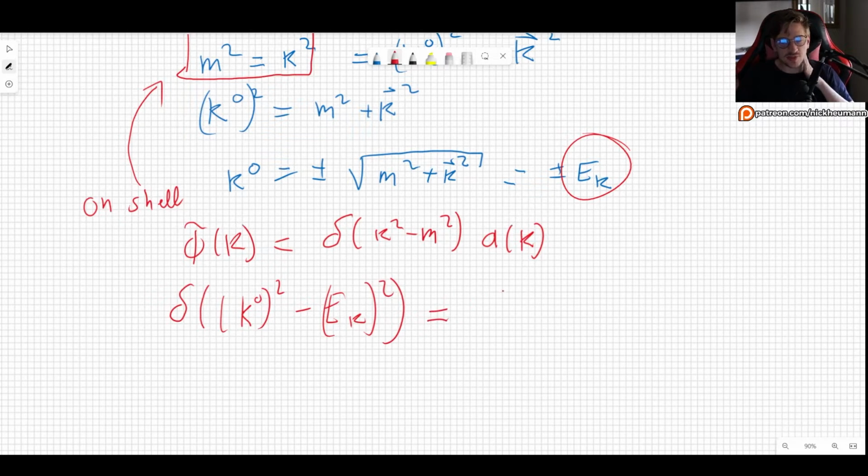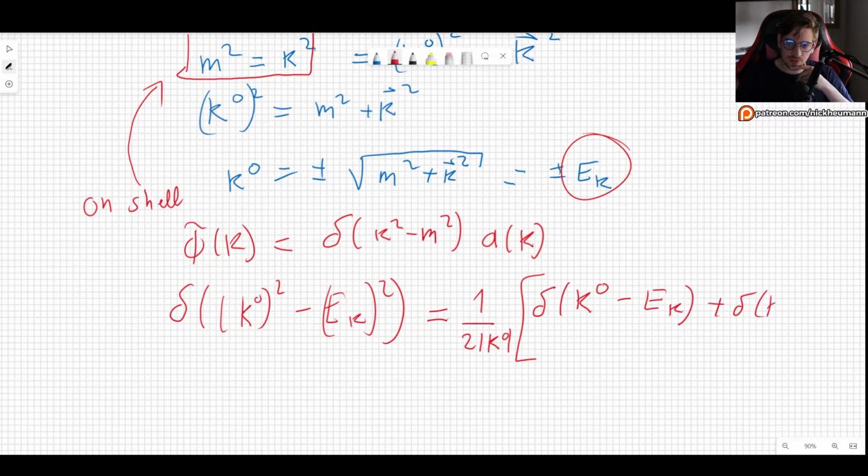And now we can use a very important property of the Dirac delta, which is that when we have this function inside of the Dirac delta, we can write it as 1 over 2 the absolute value of k0, and then we can separate the delta into delta of k0 minus E_k plus delta of k0 plus E_k.